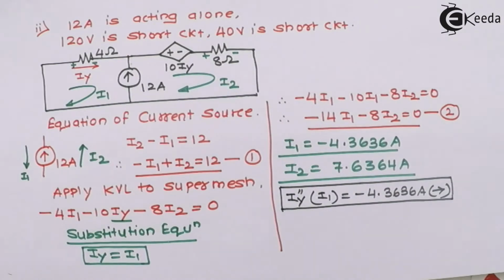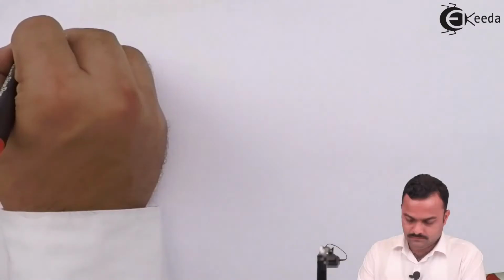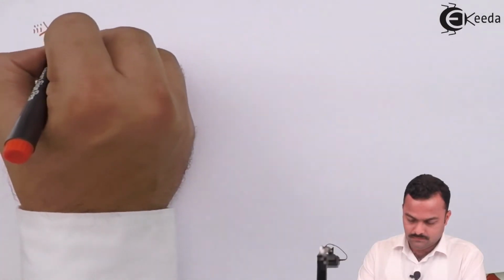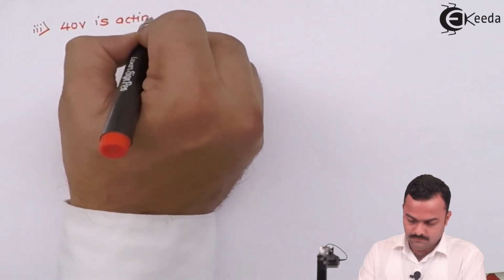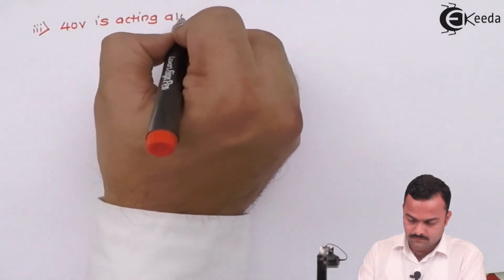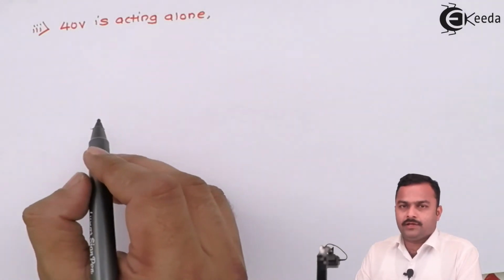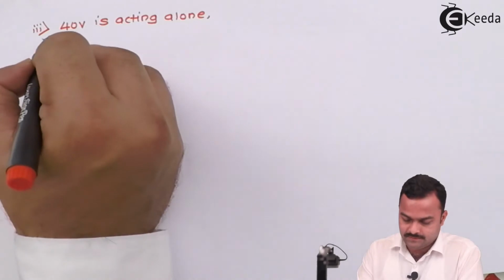Let's go ahead with the third source, that is 40 volt. So 40 volt is acting alone now. What will happen to 120 volt? Being a voltage source, we will replace it with a short circuit.